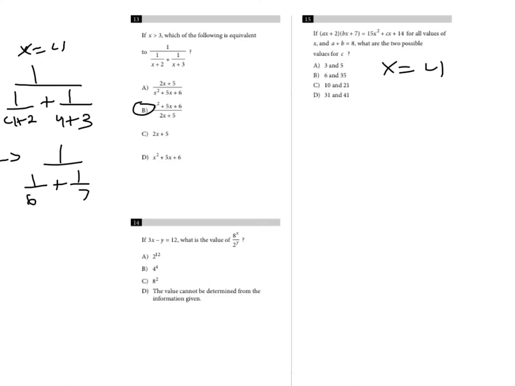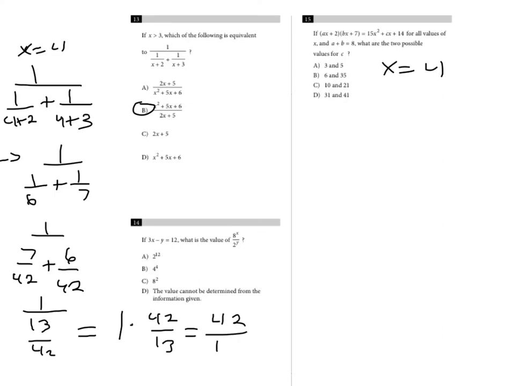That would end up being 1 over 7 over 42 plus 6 over 42, and then that is 1 over 13 over 42. And again, when dividing by a fraction, just multiply by its reciprocal. Instead of saying 1 over 13 over 42, I will now say 1 times 42 over 13.